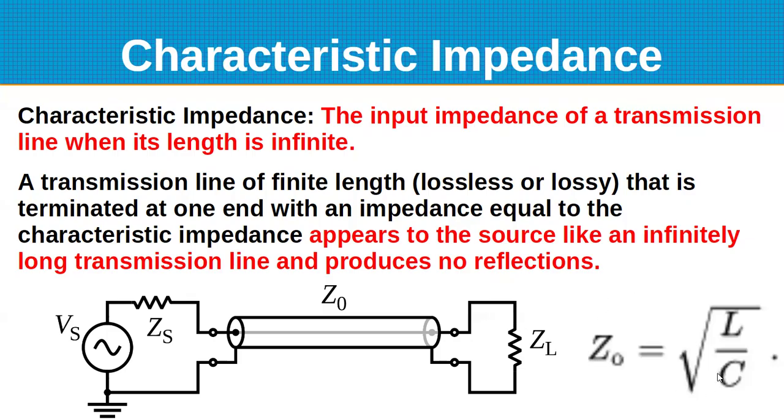And there's a formula you don't have to really remember, where that is the square root of the inductance and capacitance of the transmission line. Does that make sense? That's kind of a basic thing you need to understand.